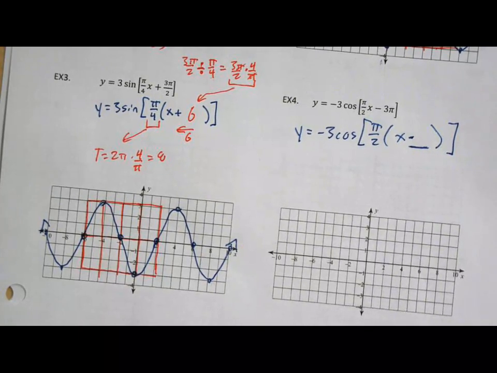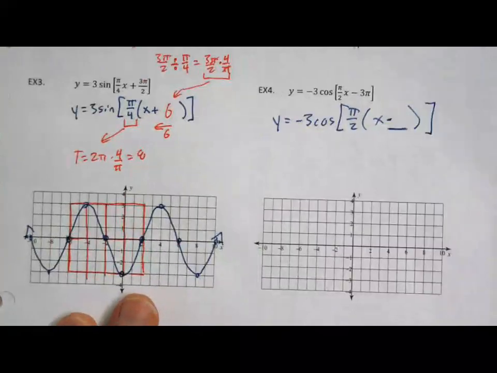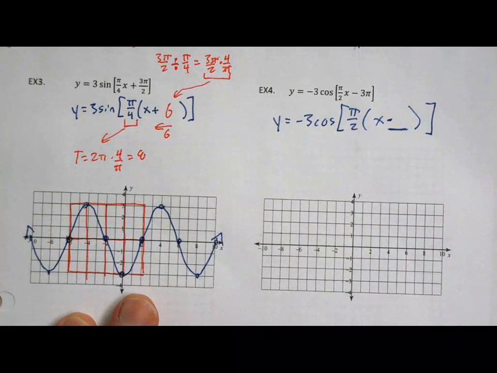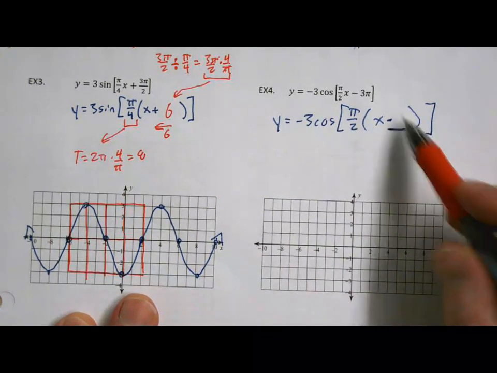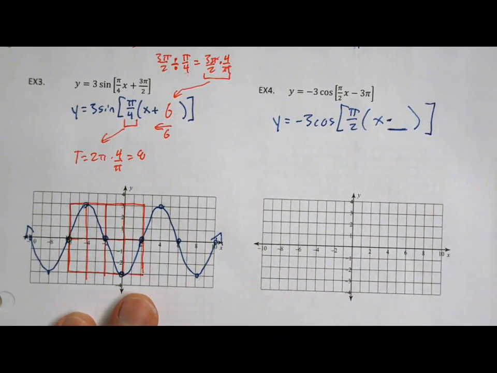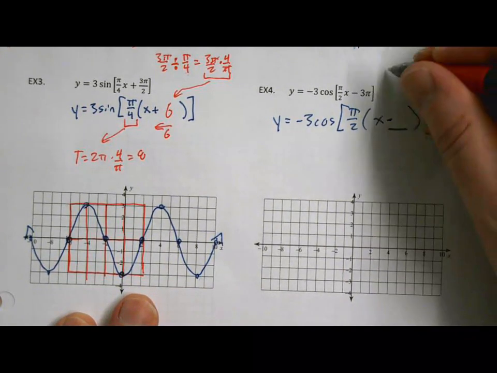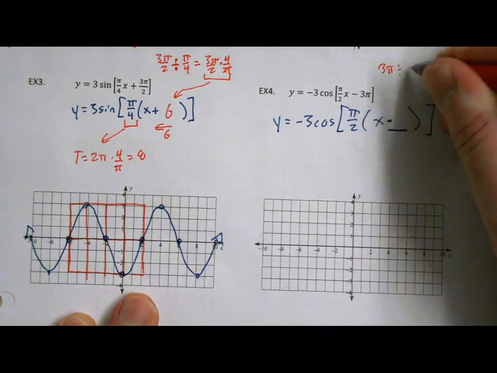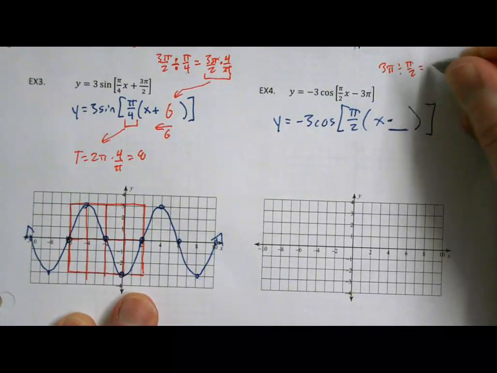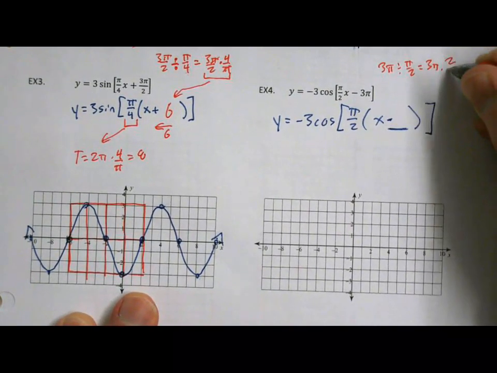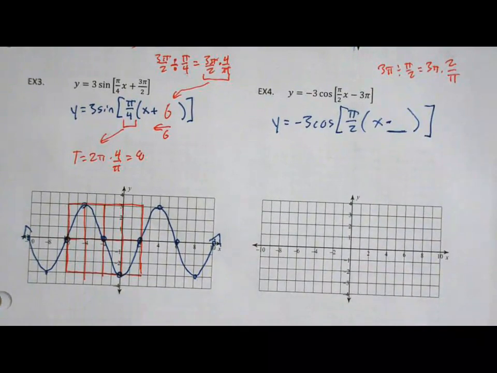It's going to be minus something. What would I multiply pi over 2 by to get 3 pi? Or 3 pi divided by pi over 2, same thing as 3 pi times 2 over pi. That's kind of boring. 6 again.